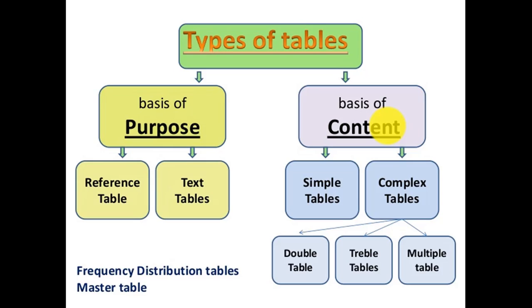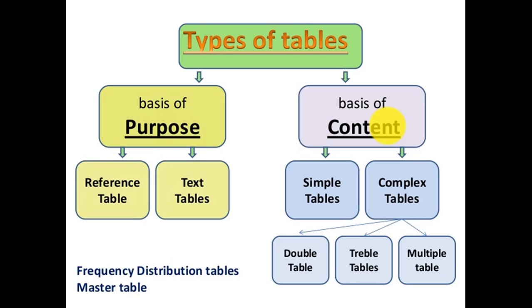When we are talking about basis of purpose, there are reference tables and text tables, and on the basis of content, we can draw simple tables and complex tables. Complex tables include double tables, treble tables, multiple tables. So frequency distribution tables and master tables are also part of tables.